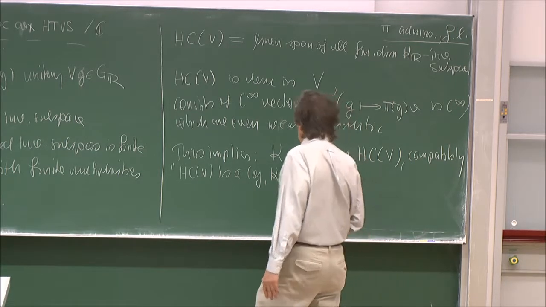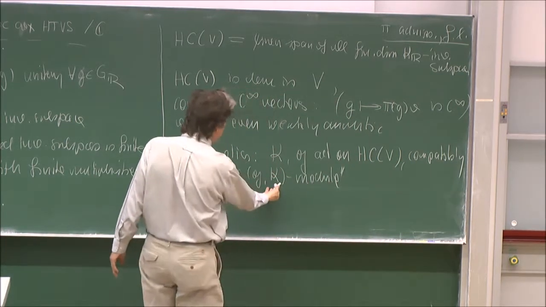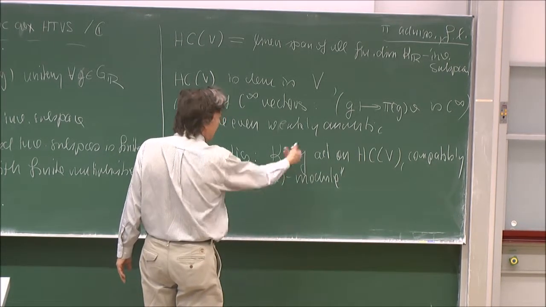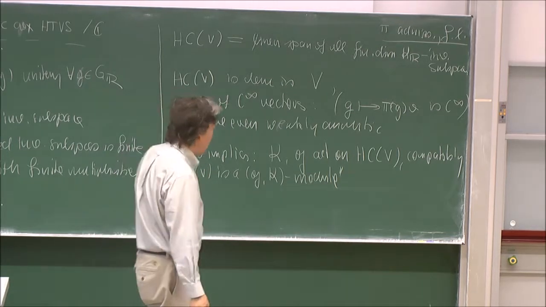So a (g,K) module means we have an algebraic action of K, an action of the algebra, and the two are compatible in this sense.